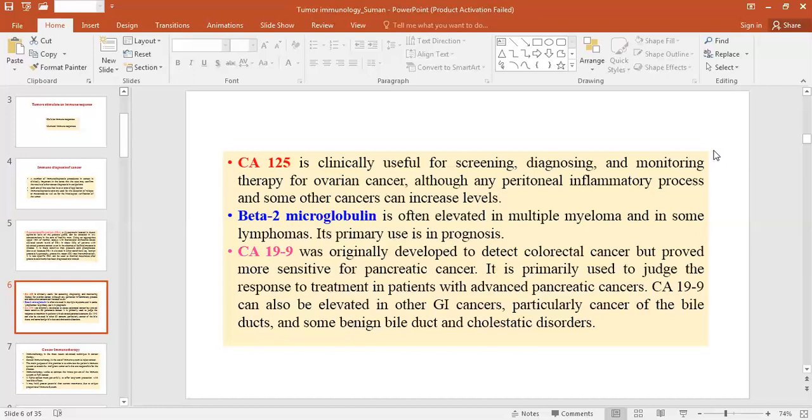Cholestatic disorder means where the bile secretion is not sufficient, it is obstructed. So these are the methods we can use for the diagnosis of different types of cancer.